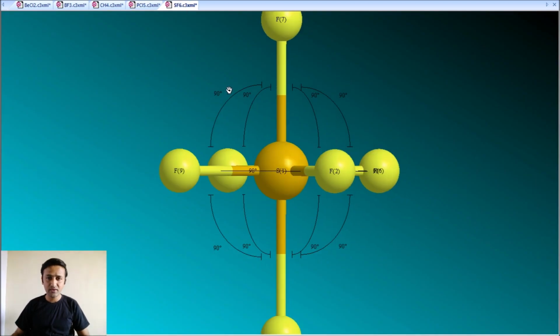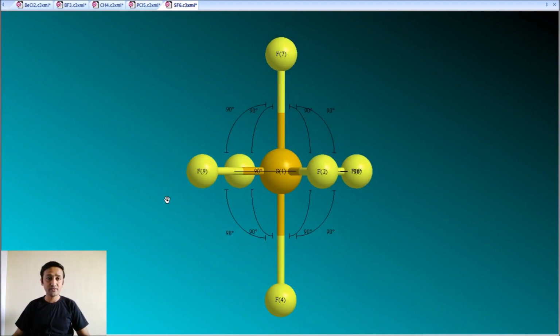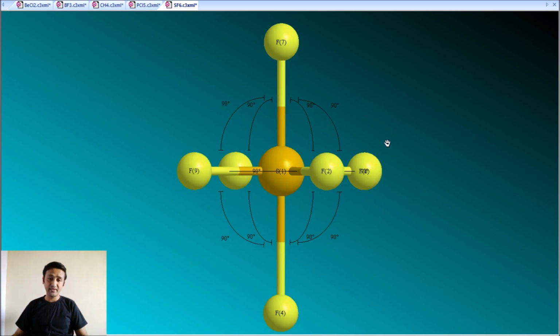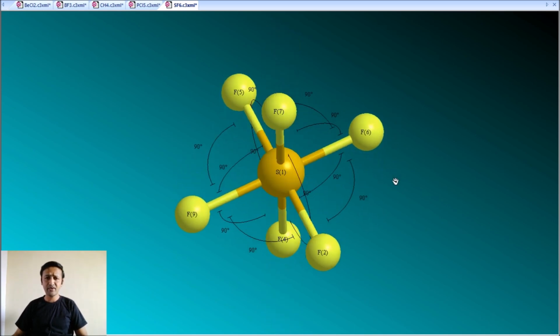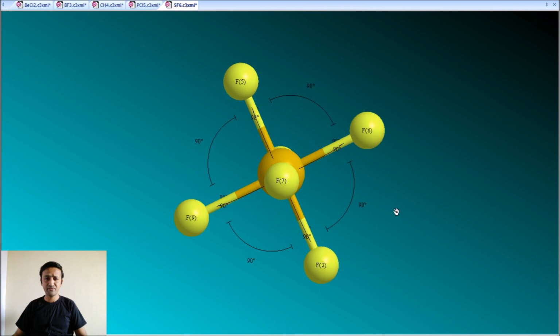And the last molecule is sulfur hexafluoride. Now if you take sulfur hexafluoride, this again has a plane. Let me take that first. This is a plane which contains the central sulfur atom and 4 fluorine atoms. This makes one plane, and you can see only the 90 degree angles, we have 4.